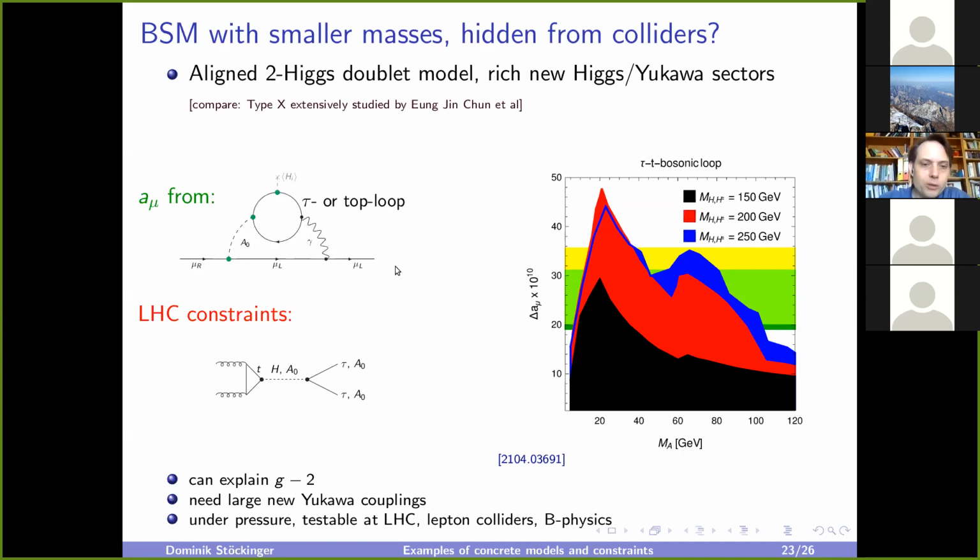Now, in this flavor-aligned model, you get larger contributions to G-2 than in the type X model, because we allow simultaneously that the new Higgs couples not only to leptons, but also to top quarks in this particular case, for example. And so if we maximize the couplings to leptons and to top quarks or other quarks at the same time, then we can maximize the contributions to G-2.